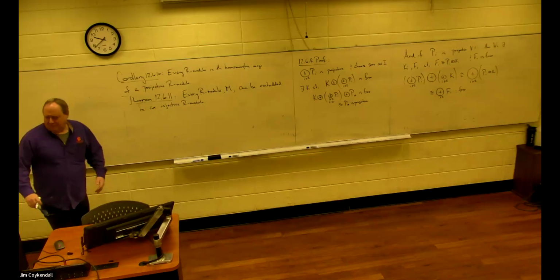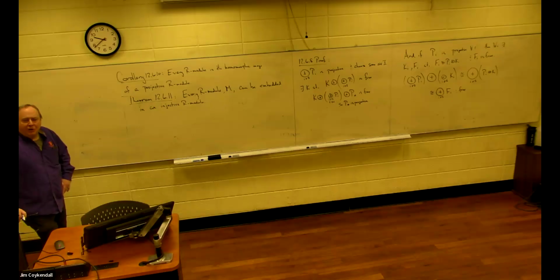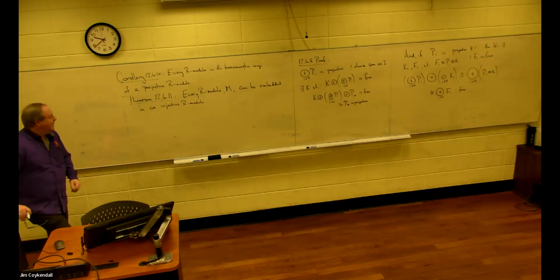I don't make you do a full proof of this one in your homework. One of the homework problems that I've given you that's due in a couple of weeks is to show any abelian group can be embedded in a divisible abelian group, right? And that's the analog of this theorem in the case that R is the integers, right?